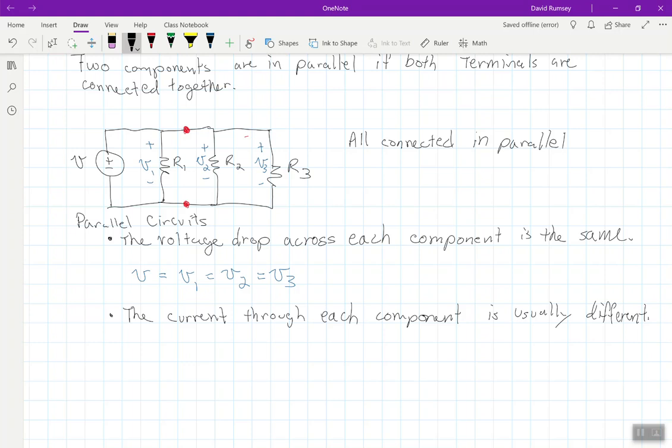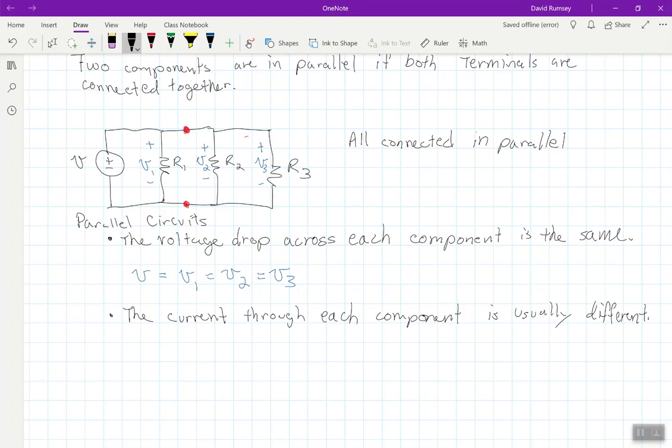And I think that's easy to think about how you would do that. Remember, resistors, the name means that they resist the flow of current, flow of electricity. But if I made all three of those resistors the same value, they would have the same current going through all three of those resistors. But typically, the current through each component is going to be different.